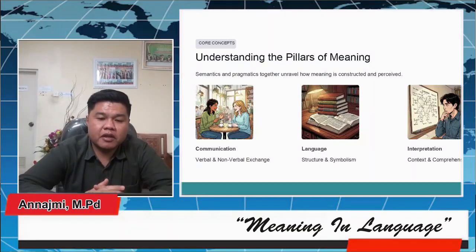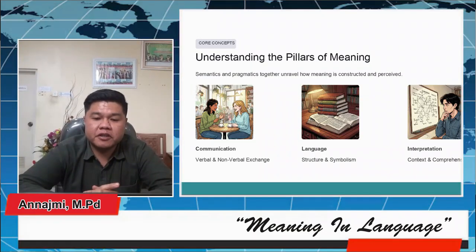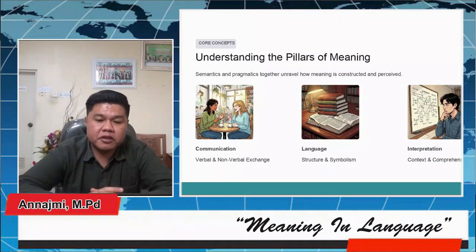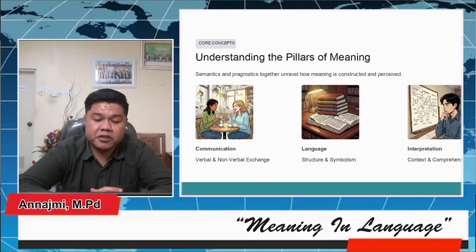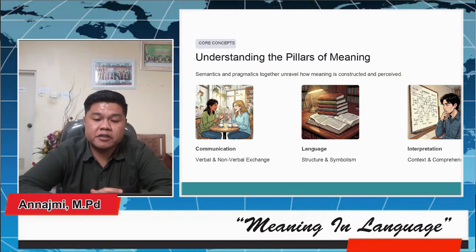To understand meaning in language, we first need to understand three interconnected concepts: communication, language, and interpretation. First, communication. Communication is the process of exchanging information, ideas, emotions, and experiences.